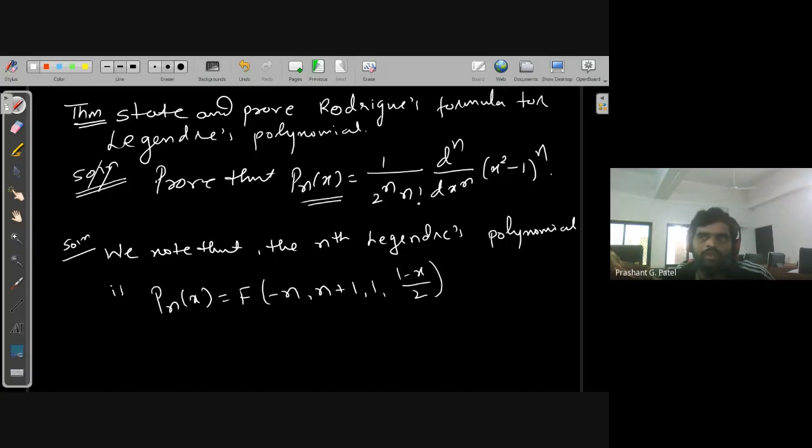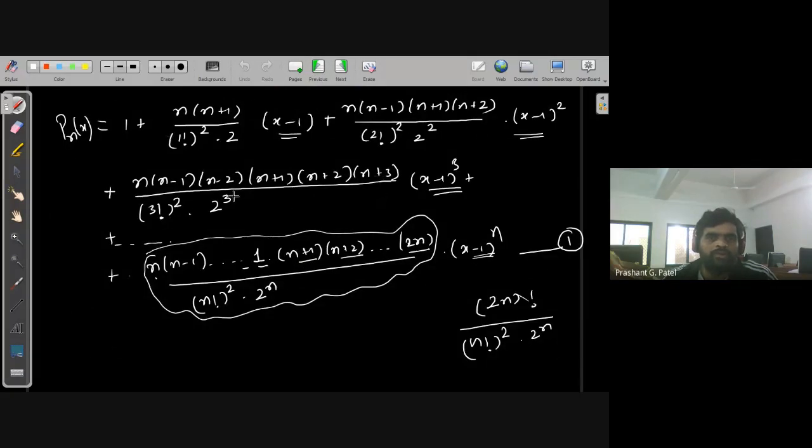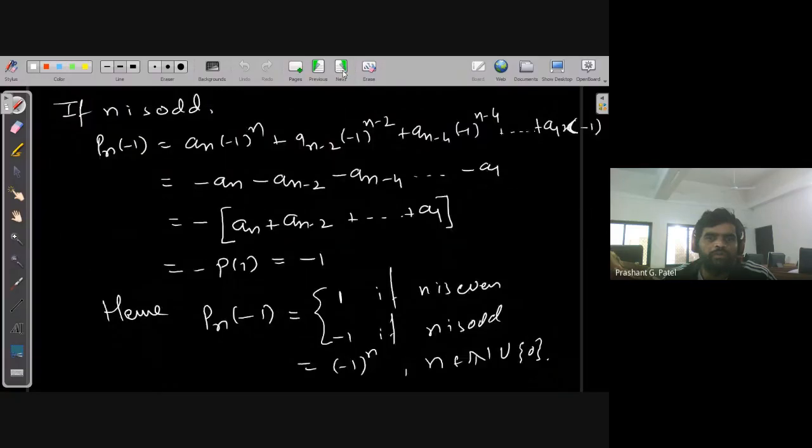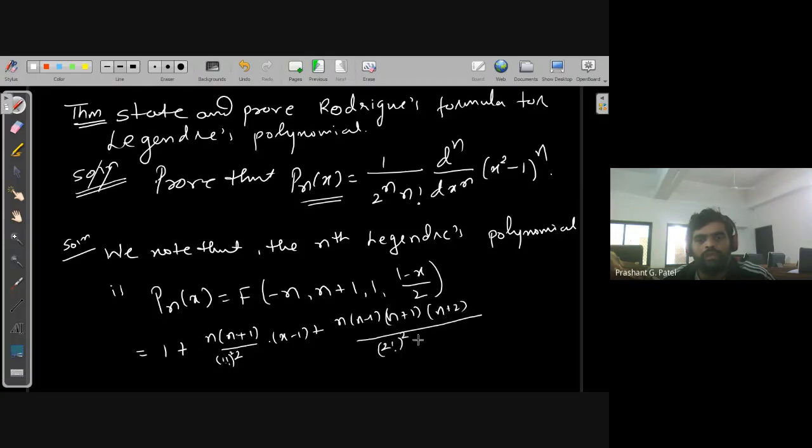If we expand this, as we did earlier, we can write this as 1 plus n into n plus 1 by 1 factorial square into (x minus 1) by 2, plus n into n minus 1 into n plus 1 into n plus 2 upon 2 factorial square into 2 raised to 2, (x minus 1) raised to square, up to so on.